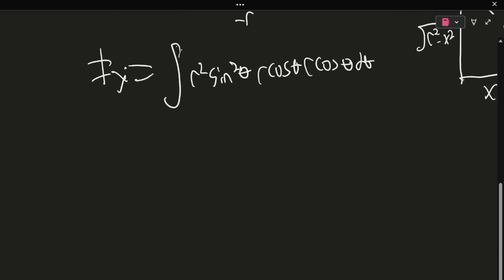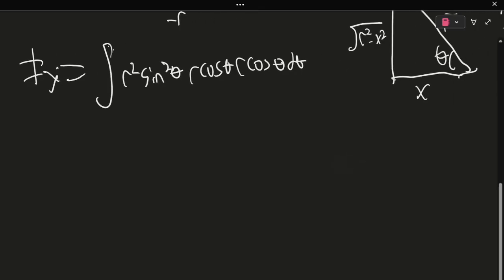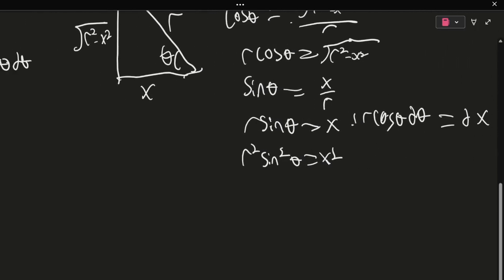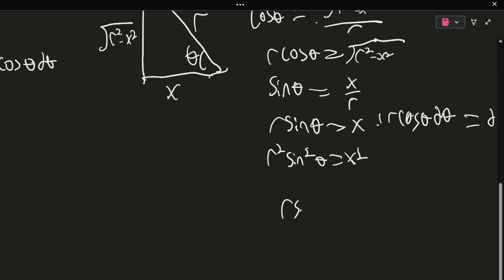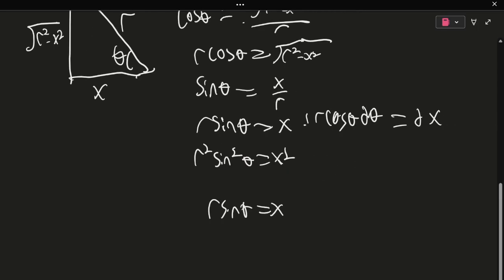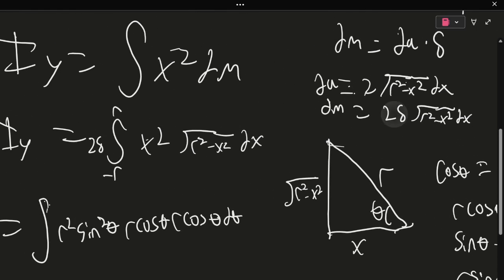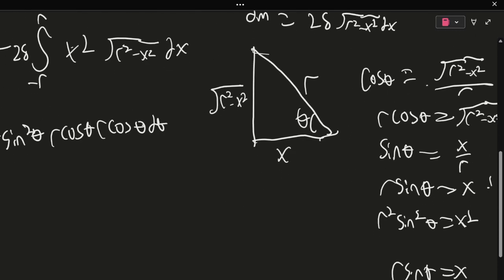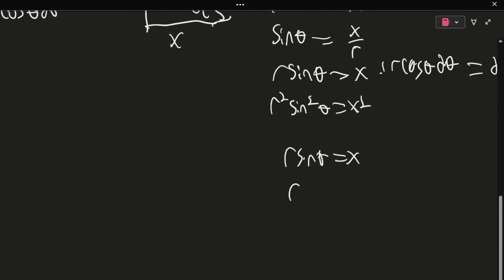And then we'll find our bounds of integration, and we'll do this using r sine of theta is equal to x. So we can plug in our x values that we had for our original bounds. r sine of theta is equal to negative r.